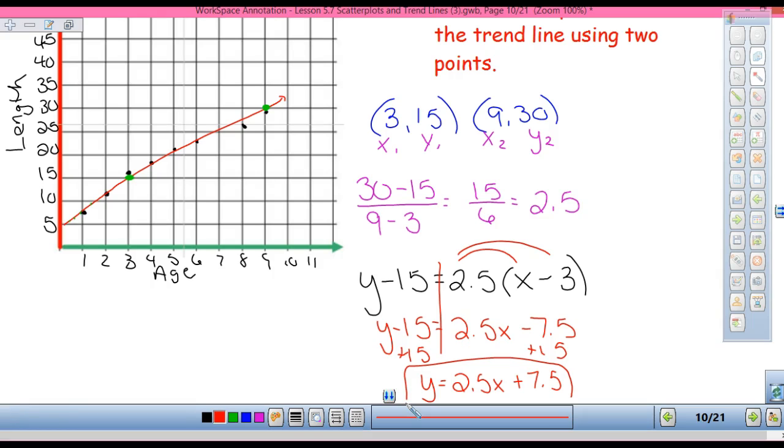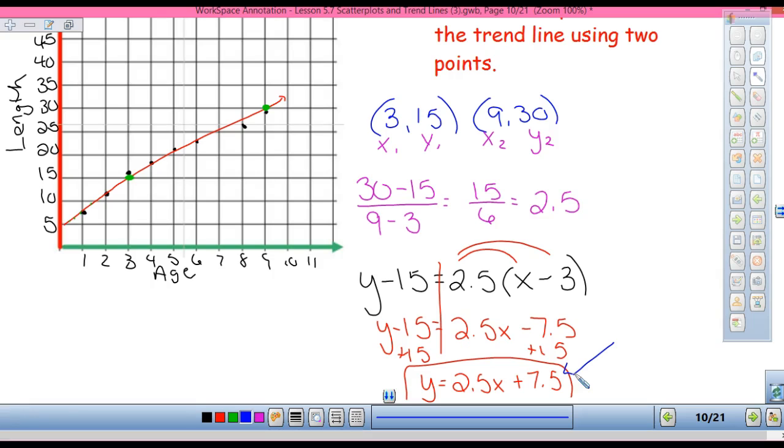All right, so let's talk about what all this means. Basically when I find the line of best fit, I'm finding the averages of what was in my table. So this guy right here on the end stands for what? My b, which is my y-intercept, which would be at age 0, my starting point.